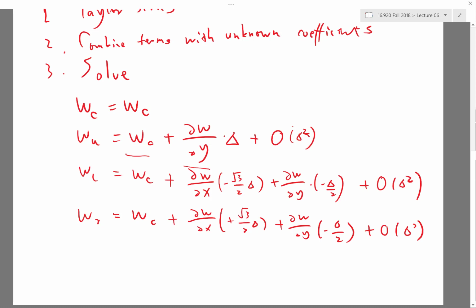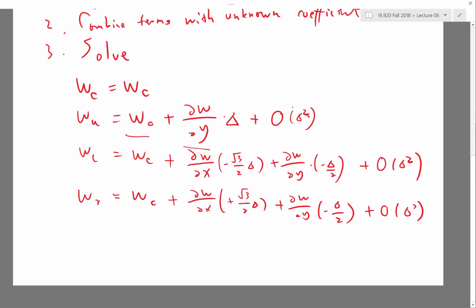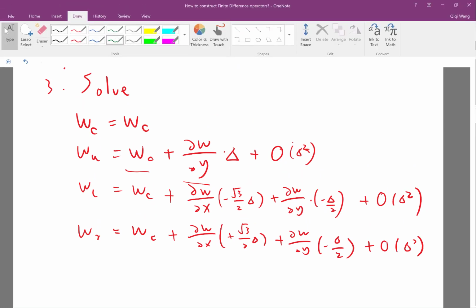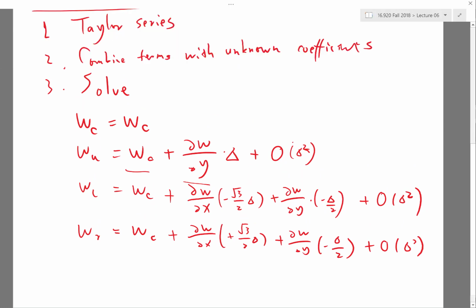Make sense? Now, the three equations we want to enforce: if I combine them with unknown coefficients a, b, c, and d, what we get is a, b, c, and d multiplying each term.